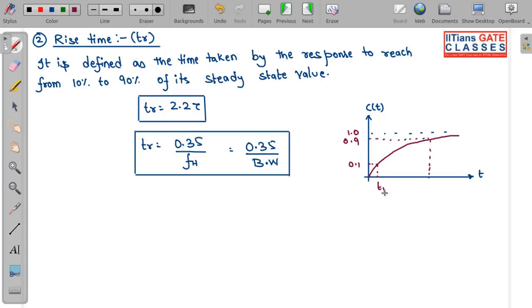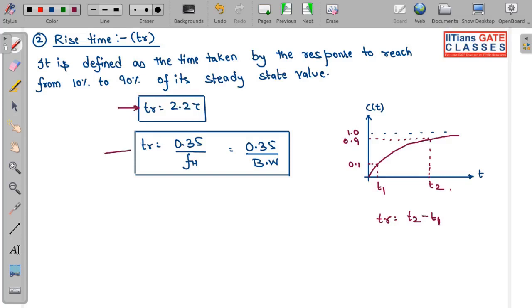Let us assume this is T1, this is T2. So rise time is basically defined as T2 minus T1. That is the time taken by the response to reach from 10% to 90% of its steady state value. Rise time is given by this formula. Rise time for a first order system for step input is 2.2 tau.